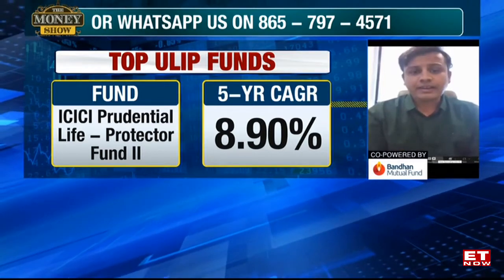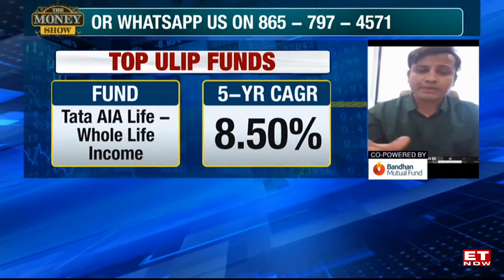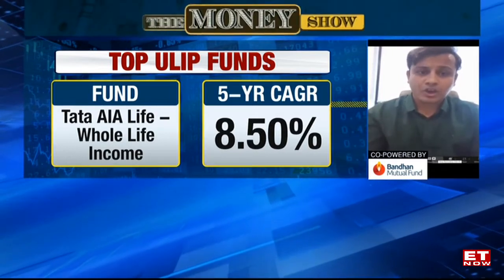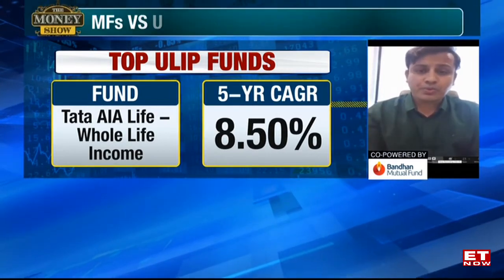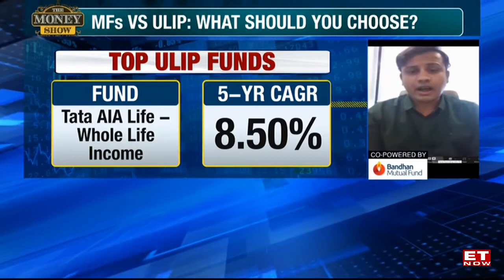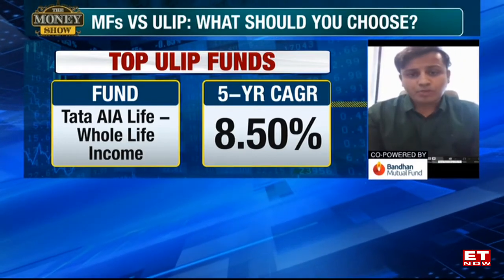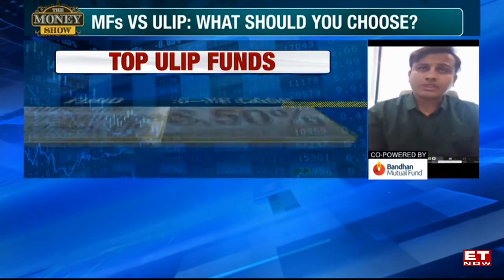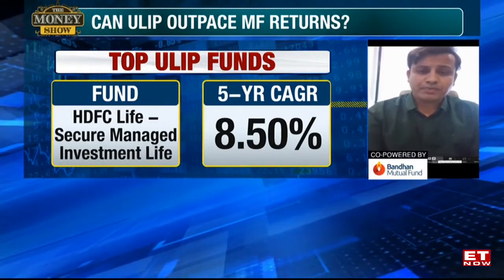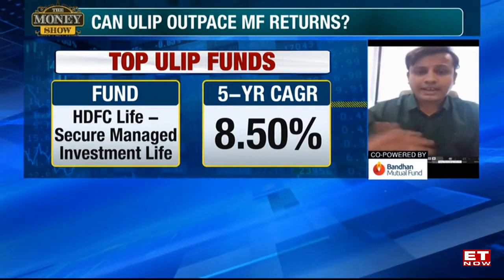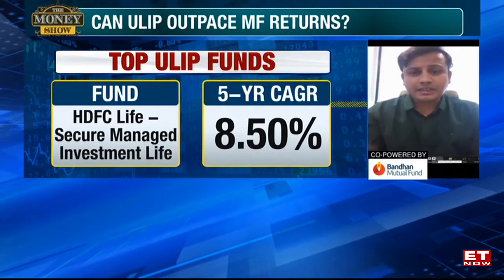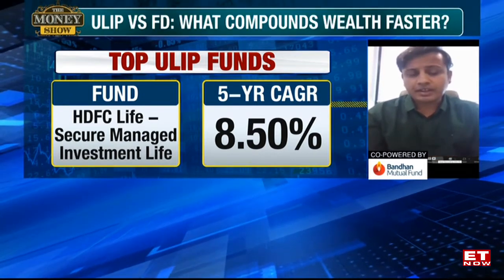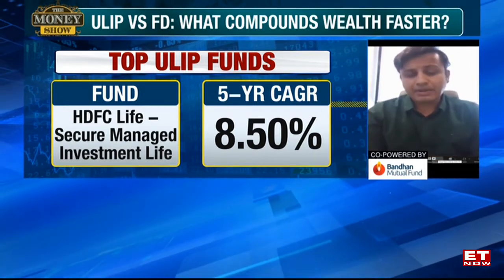Earlier there was a common misconception that ULIPs are extremely high cost. But with ULIPs 2.0, costs have gone down, comparable with normal mutual funds. ULIP costs are as low as 1.25% a year. So costs are down, and the underlying asset in both a ULIP and a mutual fund are the same in the end, so the returns can be comparable.